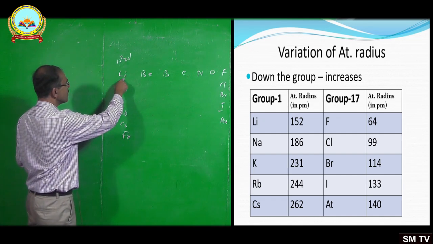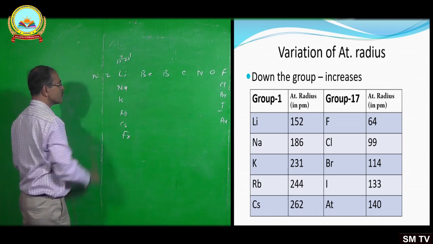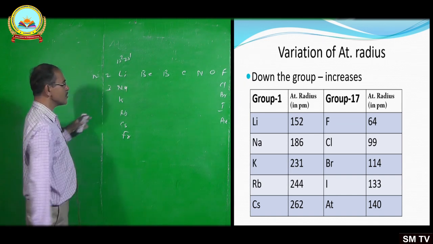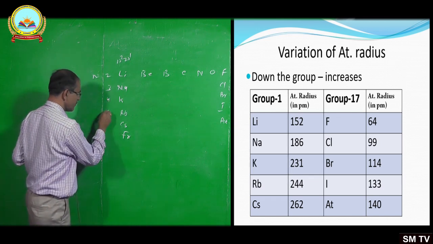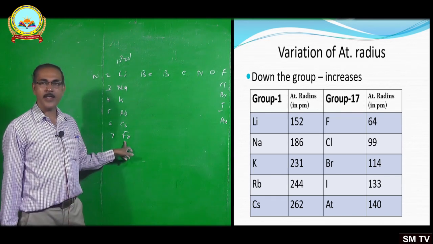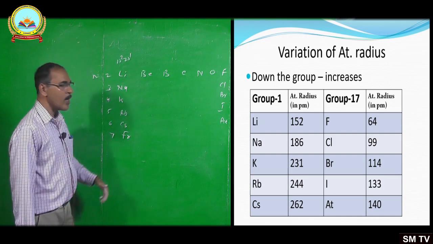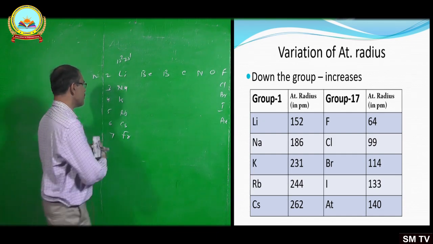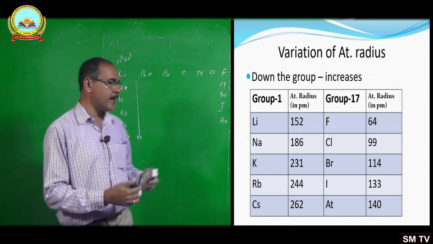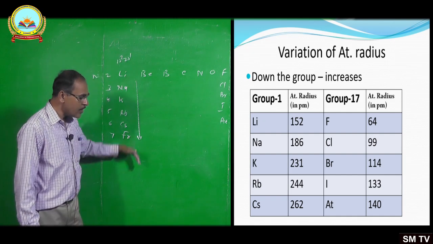Here n is equal to 2, the period number, you have only 2 shells. Here we are adding one more shell, 3 shells, 4 shells, 5 shells, 6 shells and 7 shells for francium. As you move down the group, new shells are added. Thereby, the atomic radius increases on moving down the group.